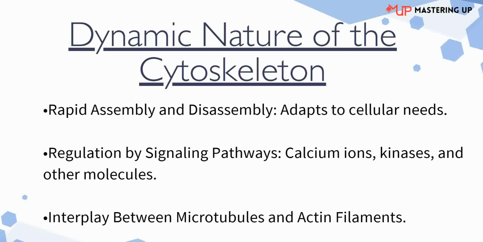The next point is regulation by signaling pathways: calcium ions, kinases, and other molecules. The cytoskeleton's dynamics are tightly regulated by various signaling molecules. For instance, calcium ions and protein kinases can influence the polymerization and depolymerization of cytoskeletal components.